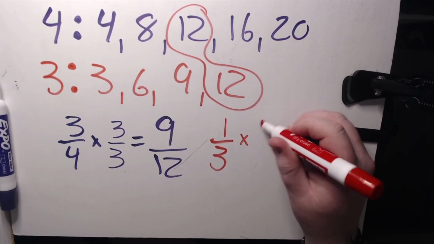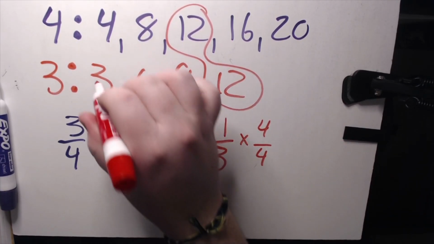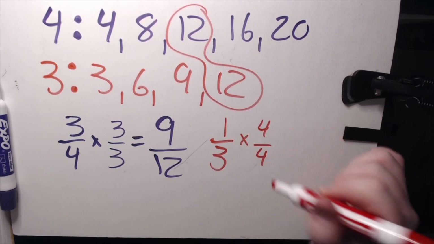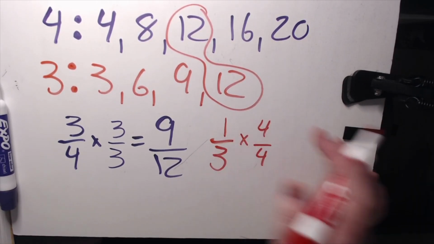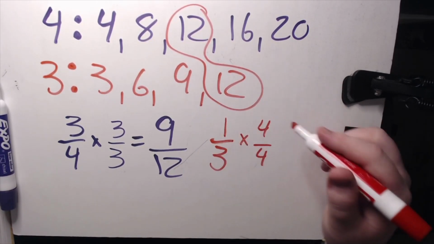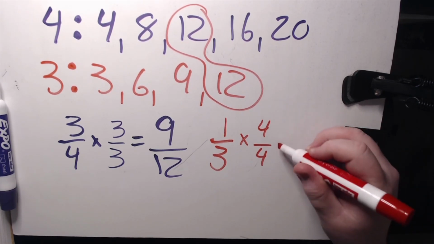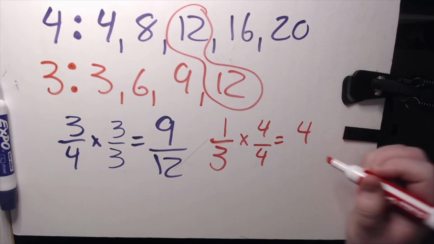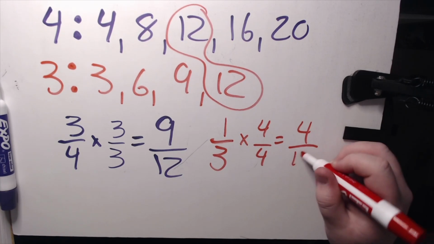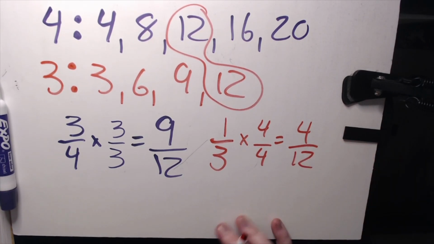We're going to multiply times 4/4. Once again, it's 1, 2, 3, 4th multiple. 3 times 4 equals 12. We already know that from over here. And whatever we do to the bottom, we do to the top. So 4 times 1 equals 4. 3 times 4 equals 12. We get 4/12.